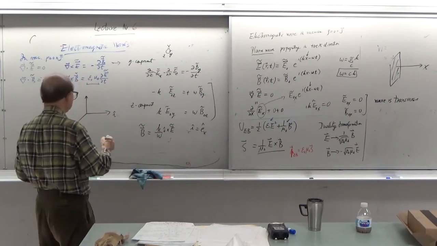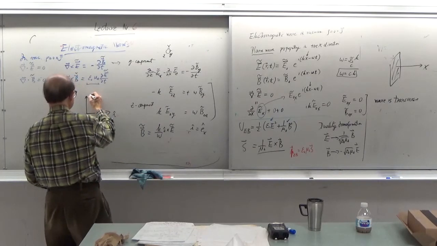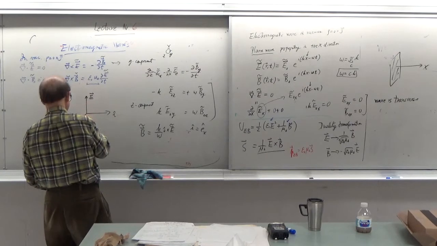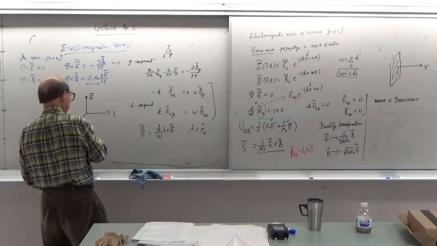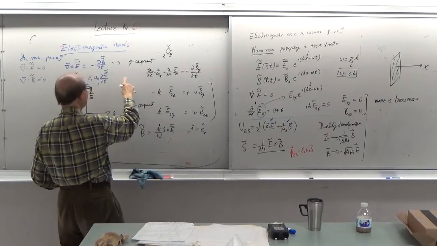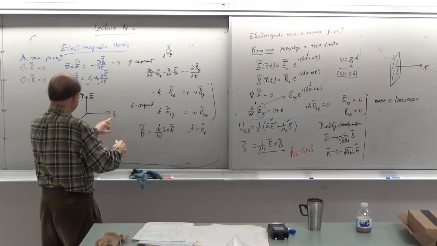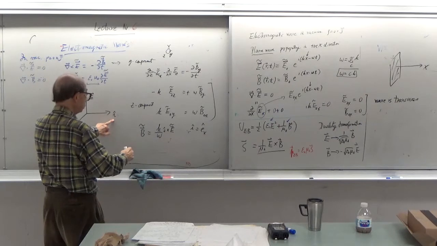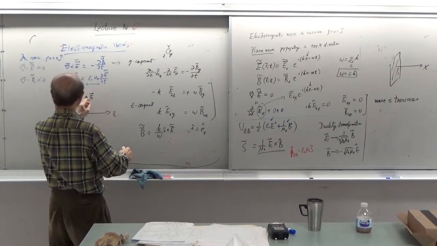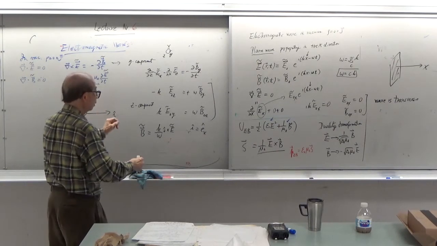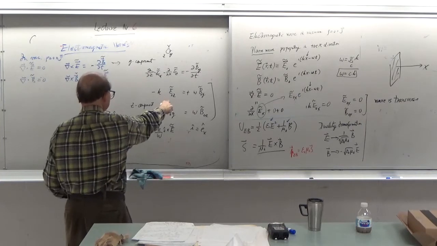It's a transverse wave. So let's take E to be along this direction, then B has to be along this direction, because B is orthogonal to the direction of propagation and also perpendicular to E, as found by this.